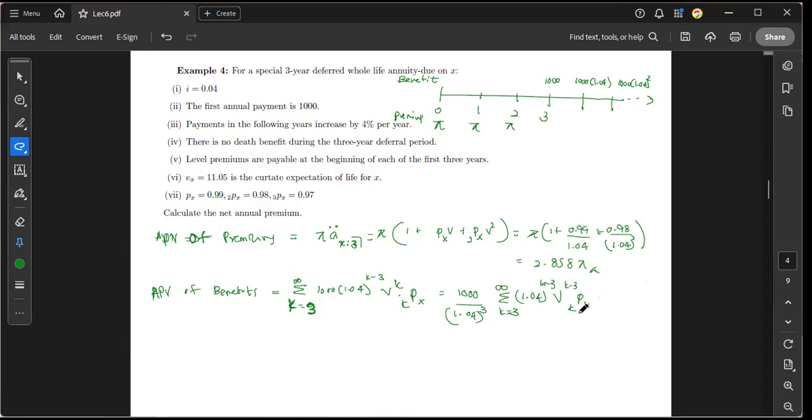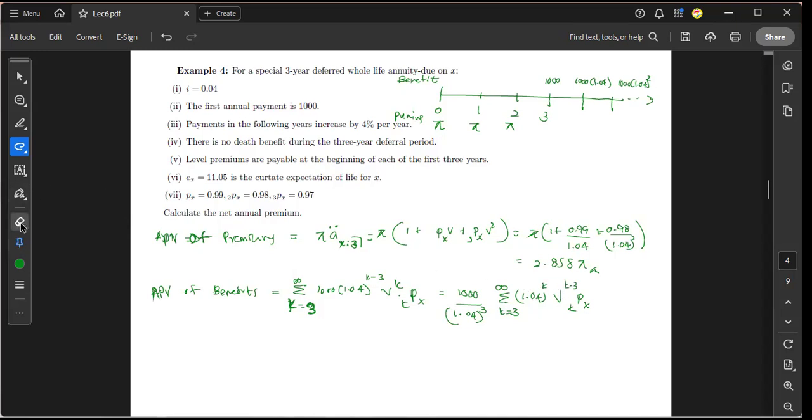Now, since we removed this one, we have to simplify this. So now we don't have this.